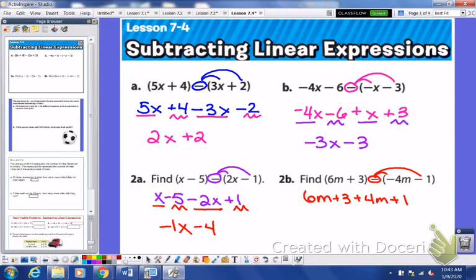Then we go through, we find our like terms: 6m, 4m, positive 3, positive 1, leaves us with 10m plus 4. All right, so like I said, subtracting linear expressions is the same thing as adding linear expressions. We just have to distribute that minus sign first.